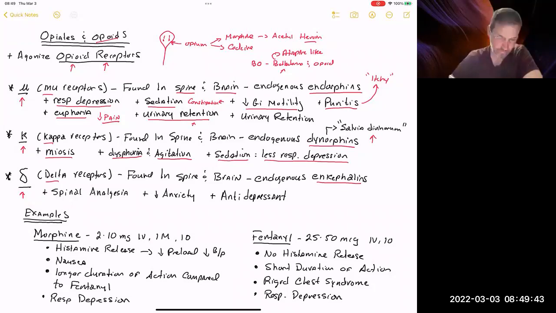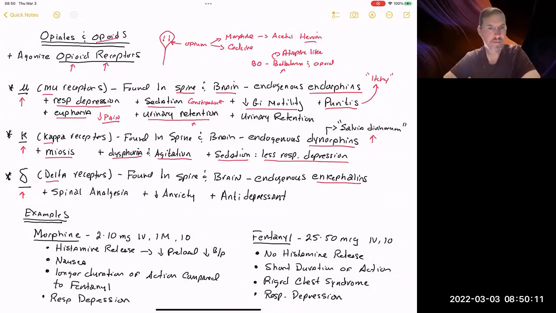In fact, it activates almost exclusively the kappa receptors, and that can cause a temporary psychedelic-like state. These patients can become dissociated, incredibly anxious, and hallucinate. They can have lots of dysphoria and agitation. And that's how salvia works, it is a very potent kappa receptor agonist.